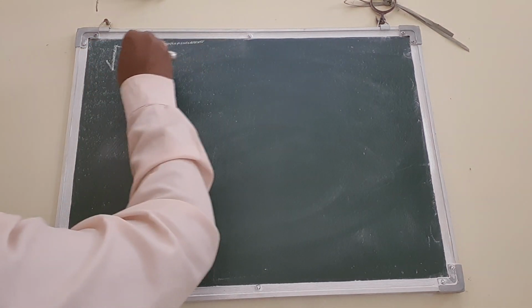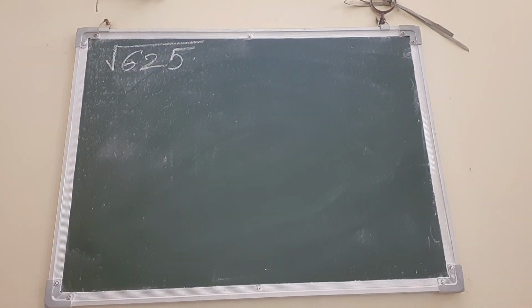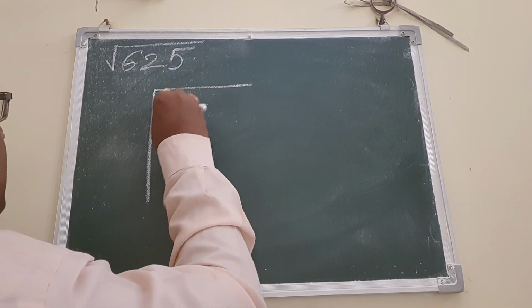So now we have to find the square root of 625 using the long division method. Here we will write it like this: 625.